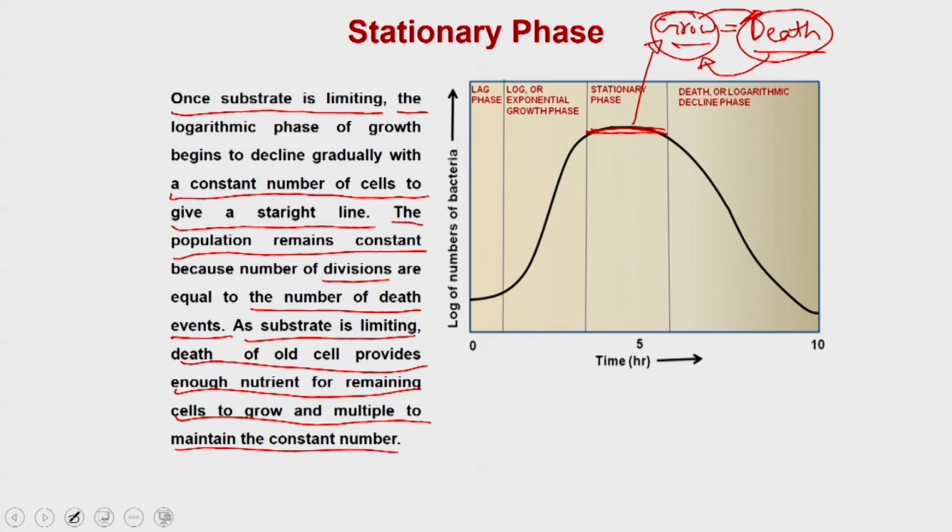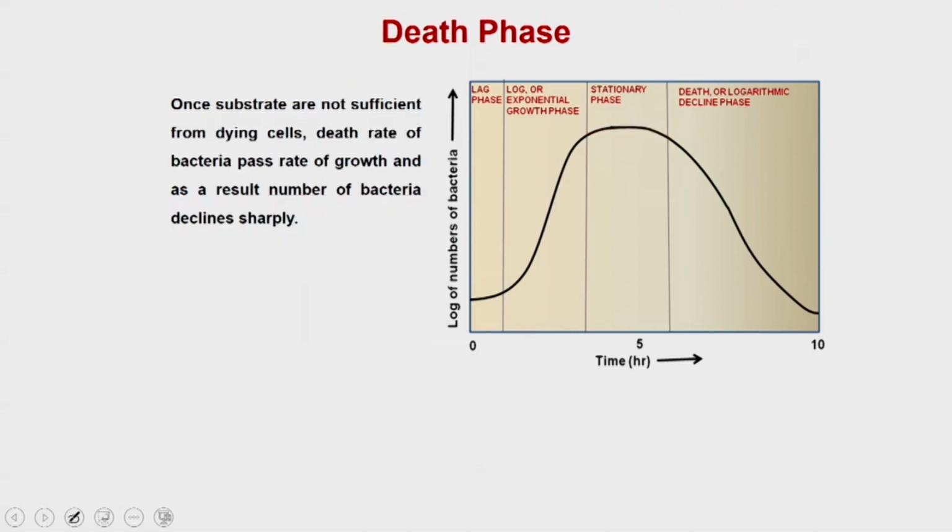Once this arrangement, that the death of older bacteria provides the nutrient for the new bacteria, can no longer support the growth of these bacteria, then they will go into the decline phase or the death phase. That is what is written here. Once the substrates are not sufficient, the cells will start dying and they will enter into the death phase.